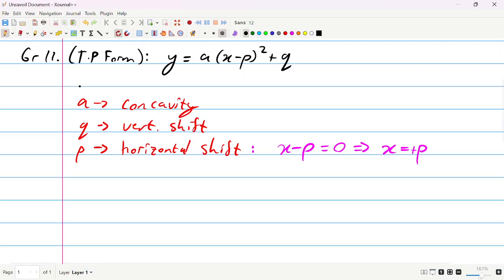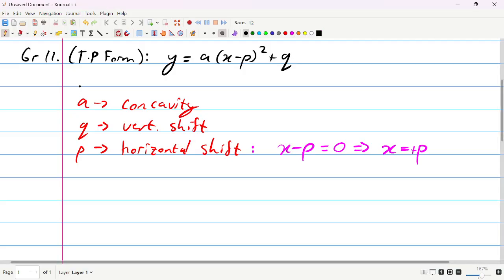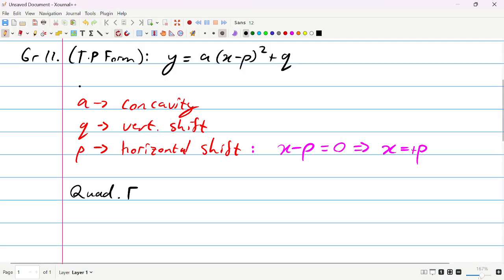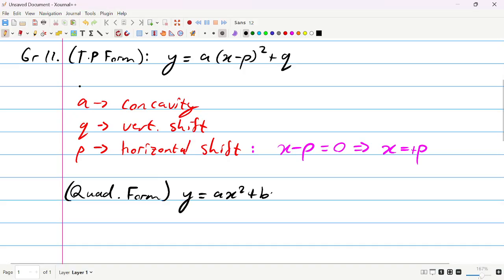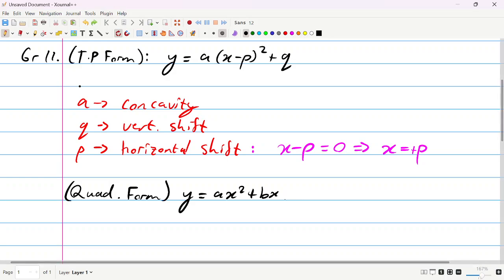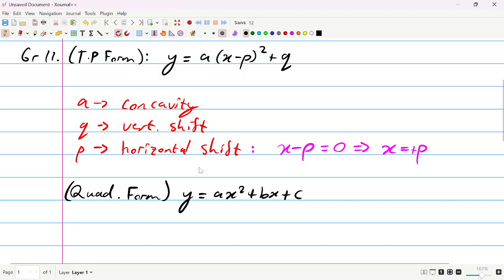And then also for grade 11 is the quadratic form. Quadratic form is when we have it in the form of y equals ax squared plus bx plus c. Looks familiar? Yes, it's from the quadratic equations, but this is a quadratic function where instead of saying 0 is equal to all of this, it's y is equal to all of this.